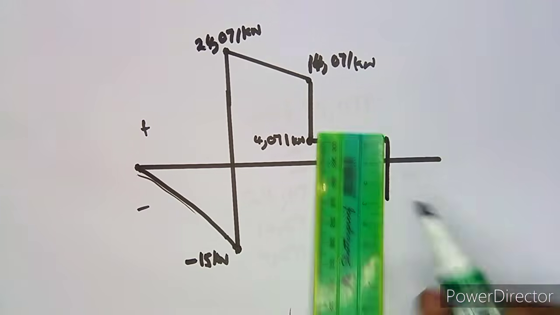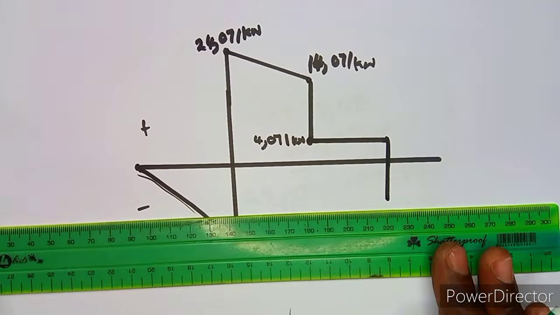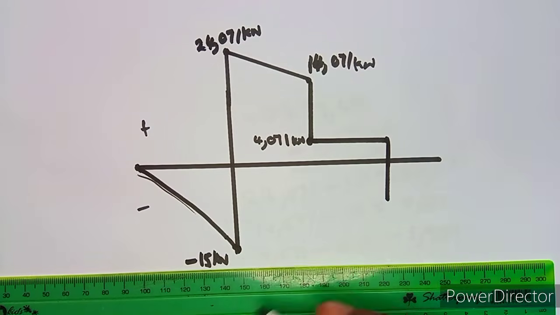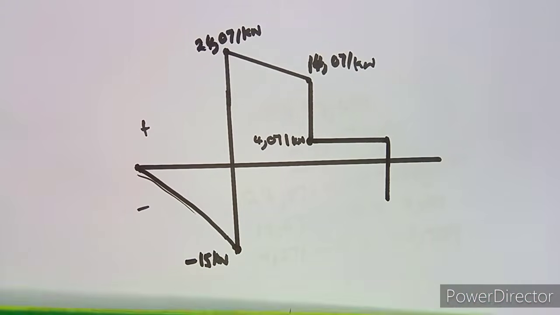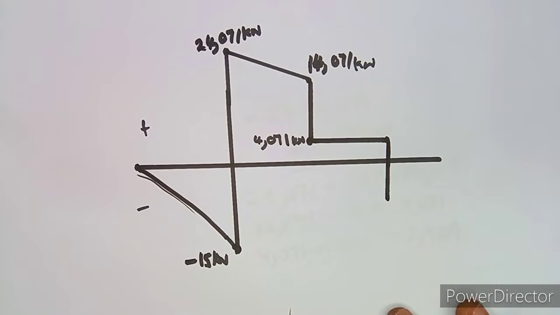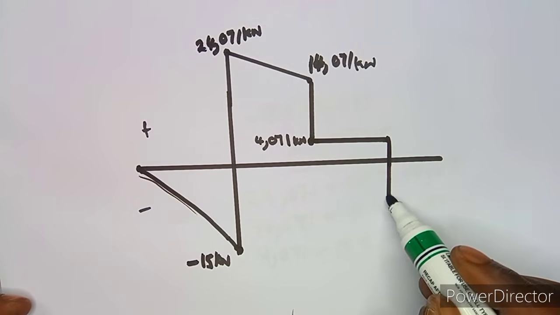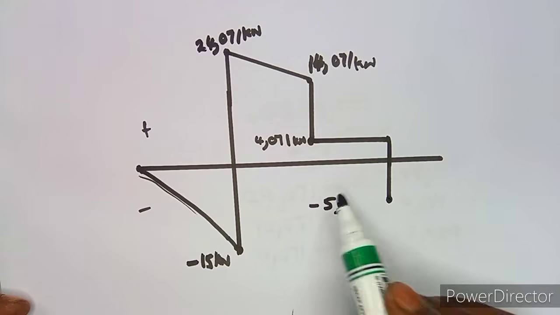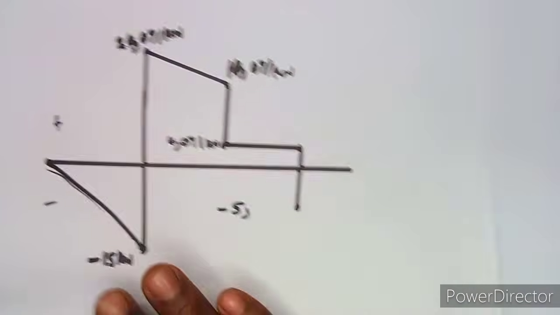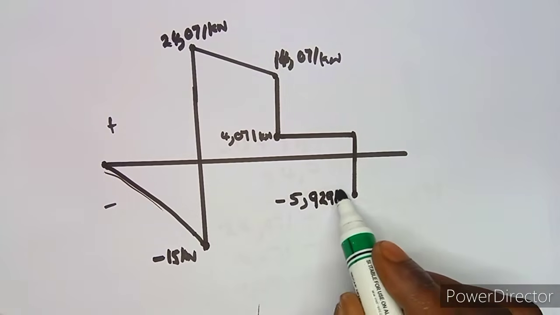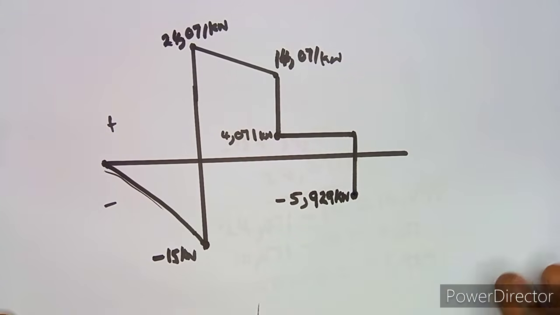We know that if this is minus 5, then minus 15 must also make sense. Not to say this is minus 15, then your minus 5 is here. No, that can't be. So this is the point where we are at minus 5.929 kilonewton, like that. So we're at this point now.